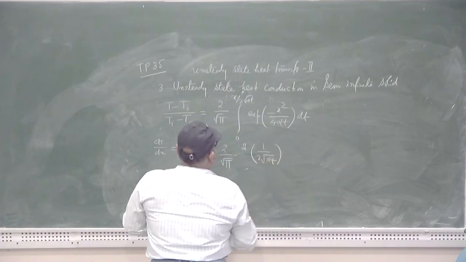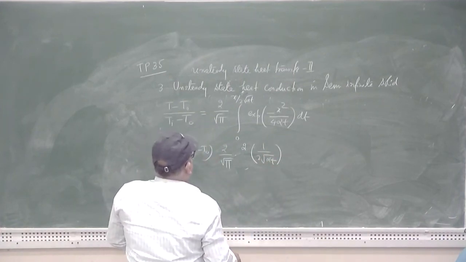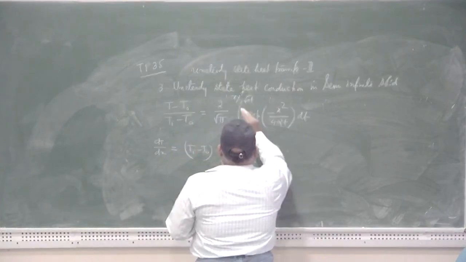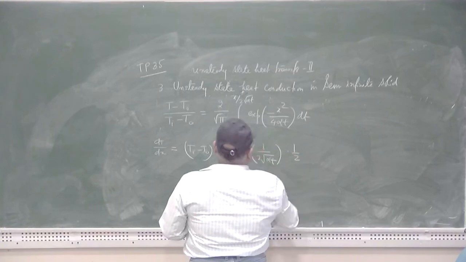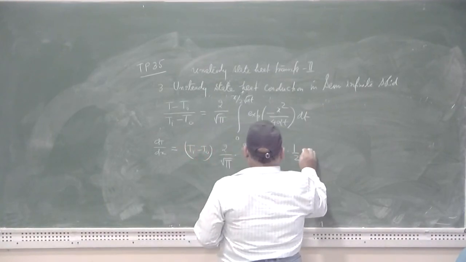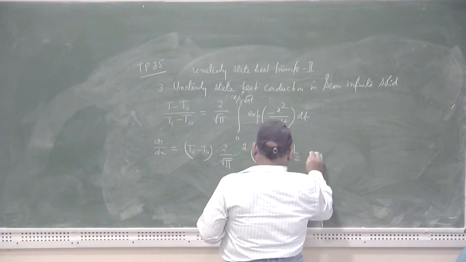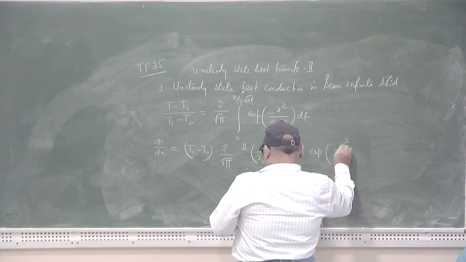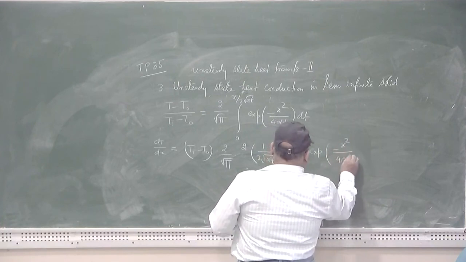this, into half, that is equal to this exponential minus x square divided by 4 alpha t.